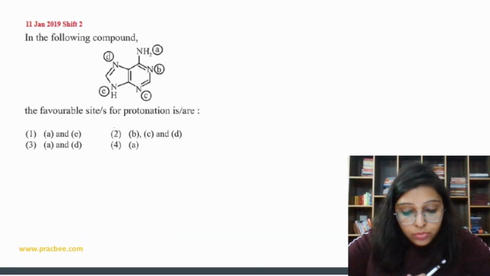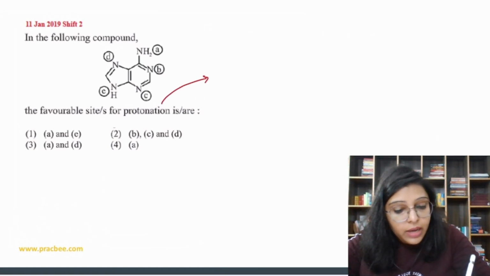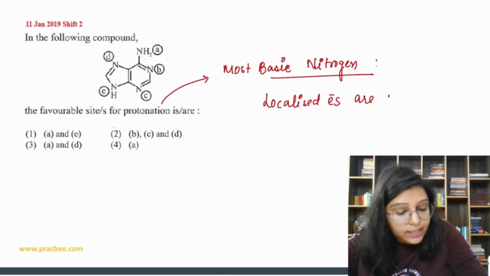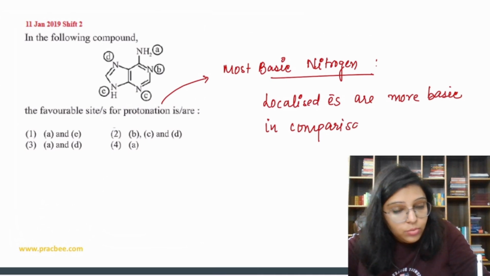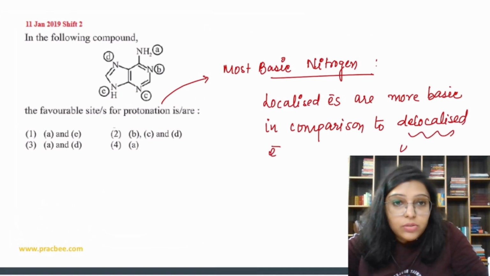In the following compound, the favorable site for protonation is R. For protonation, we have to find the most basic nitrogen. Now we know that localized electrons are more basic in comparison to delocalized electrons. Delocalized electrons are those which participate in resonance.